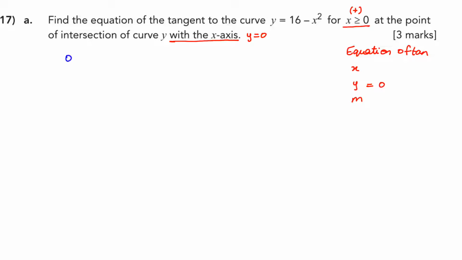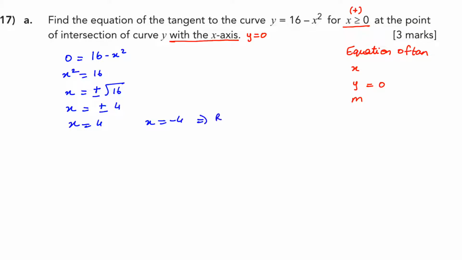So in place of y, substitute 0, x square is equal to 16, x is equal to plus or minus square root 16, x is equal to plus or minus 4. So x is equal to 4 and x is equal to negative 4. This is rejected. So the point of intersection is 0 and 4.